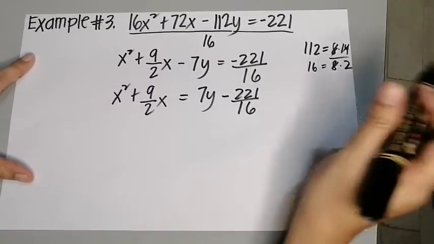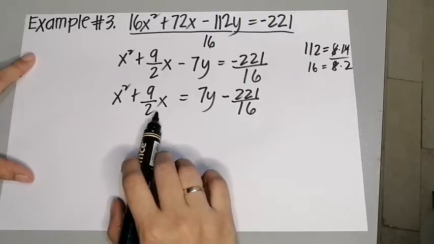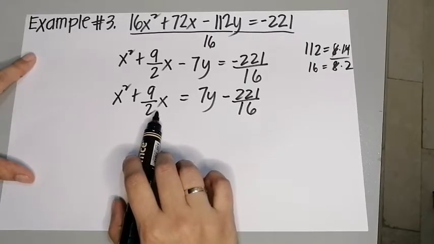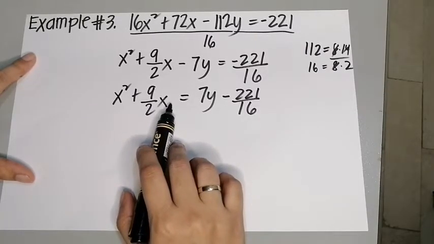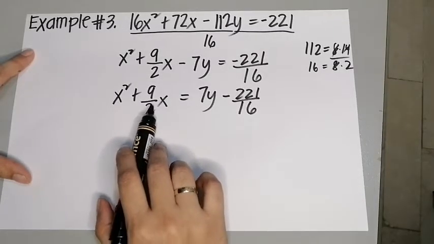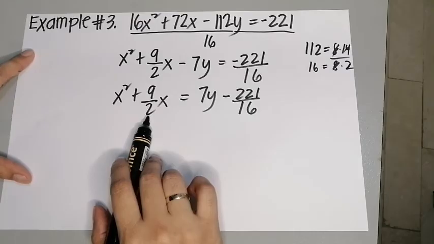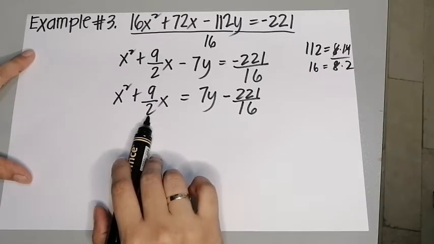Next, we have to complete the square to make this a perfect square trinomial. What are we going to add here? 9 over 2 divided by 2 is 9 over 4. Then square 9 over 4, that gives us 81 over 16.